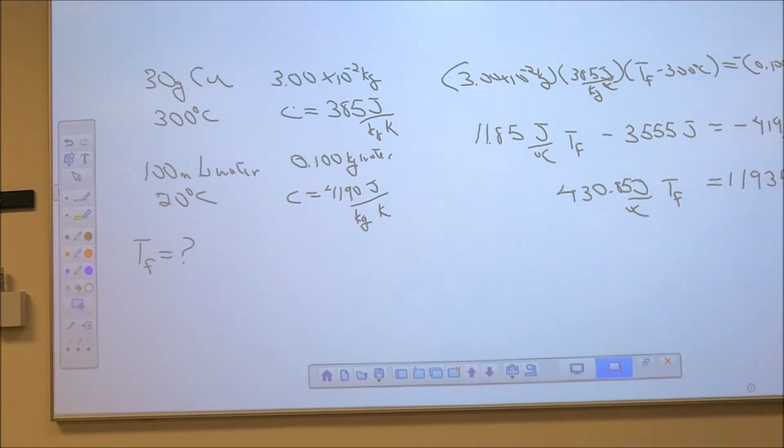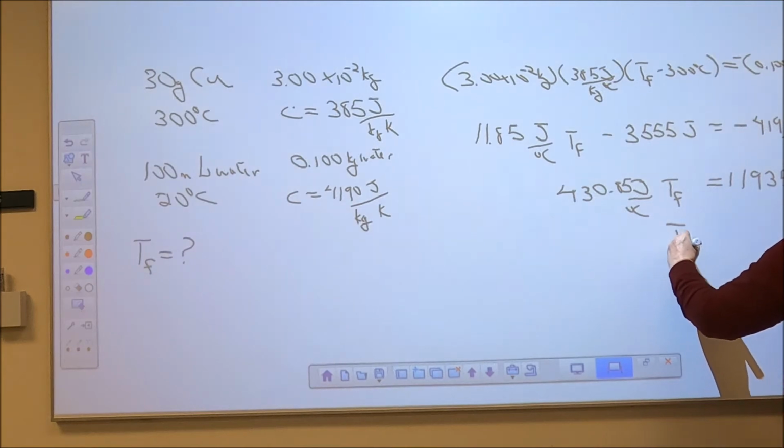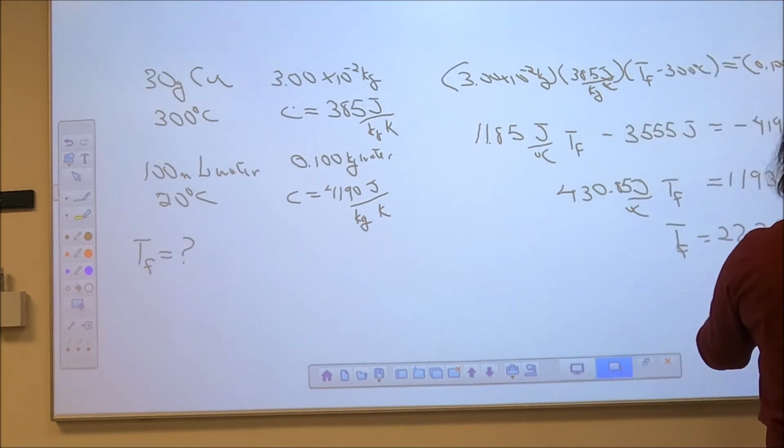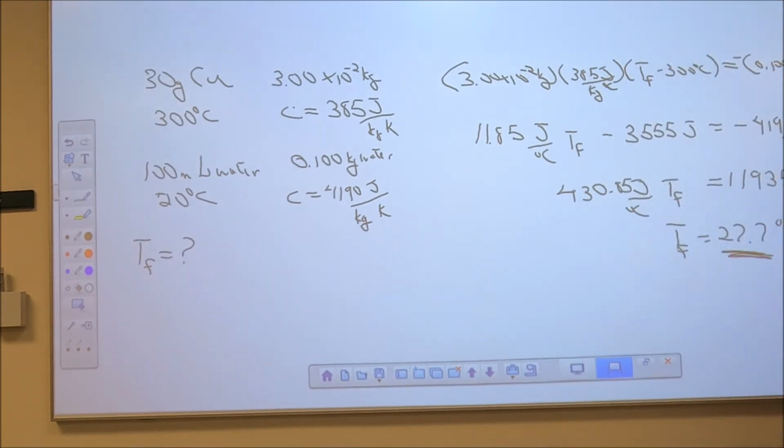Divide through, and I get T final to be 27.7 degrees C. Your book always solves to 3 significant figures, so I took that to 3 significant figures. Okay, so that's a calorimetry problem. And we'll be doing one of those in lab next week.